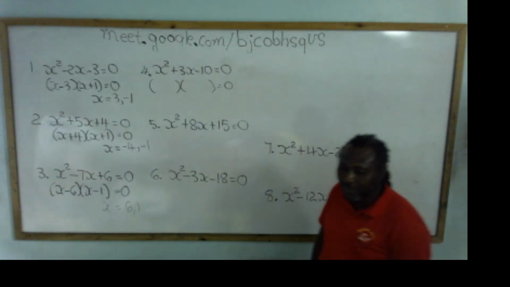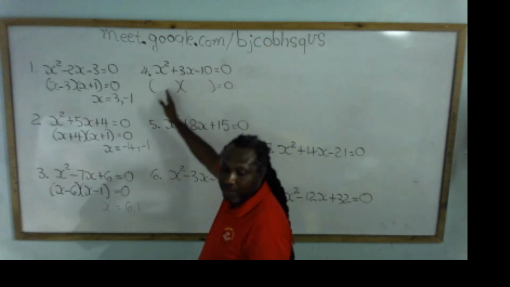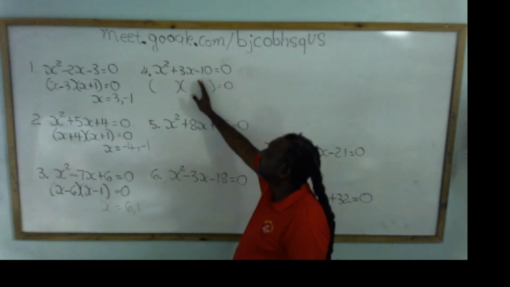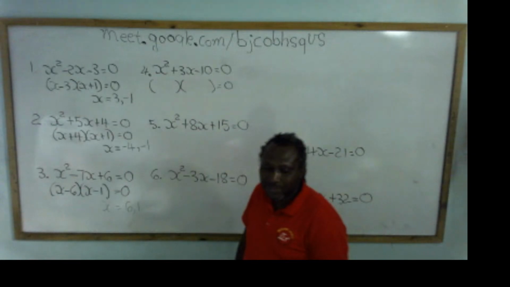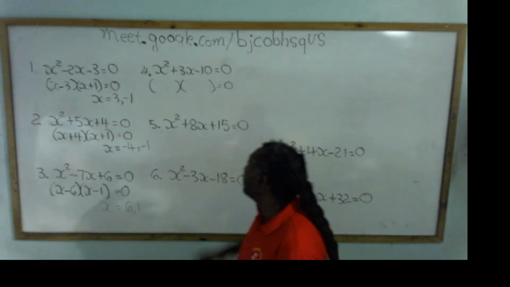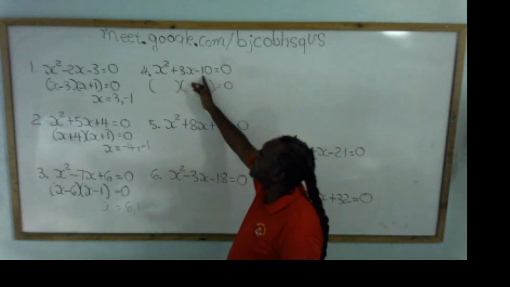Any answer for that one? A product of negative 10 and a sum of positive 3. What are your two numbers? Negative 10 and 13. When you multiply negative 10 and 13, you will not get a negative 10.